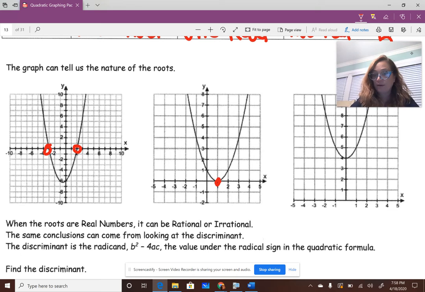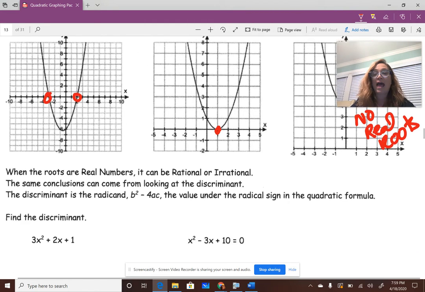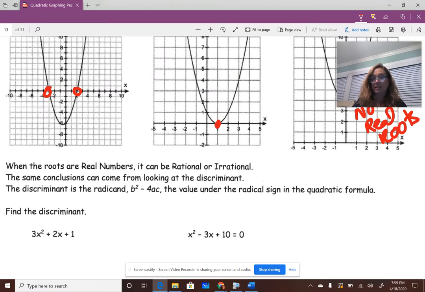If I look here, can't find it touching, crossing, going anywhere near the x-axis. So that would be no real roots. Okay. Now, if something is not real, it's called imaginary. You don't have to know that. You just have to basically know that it's not real.